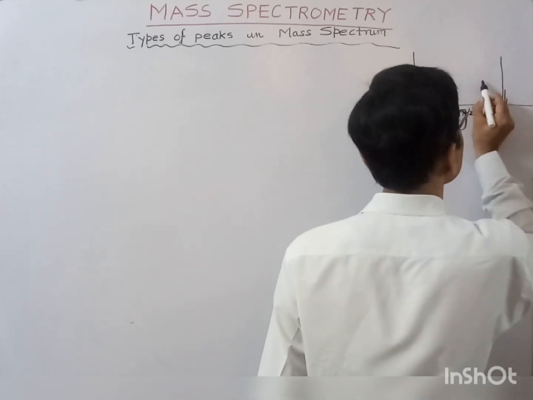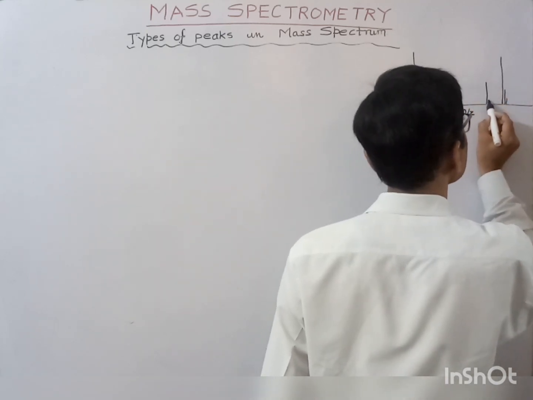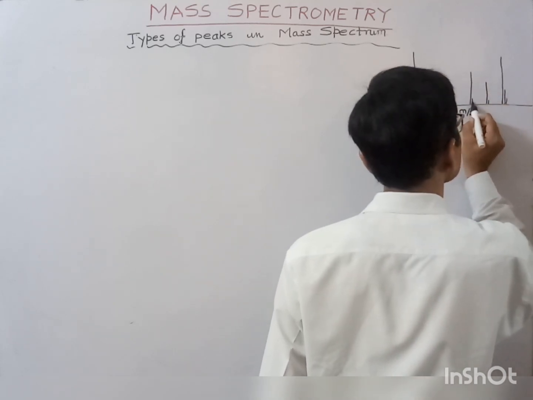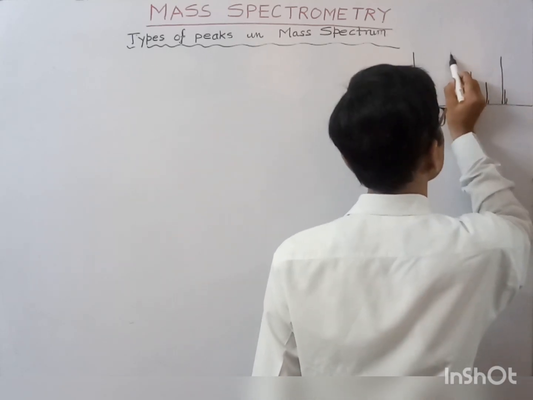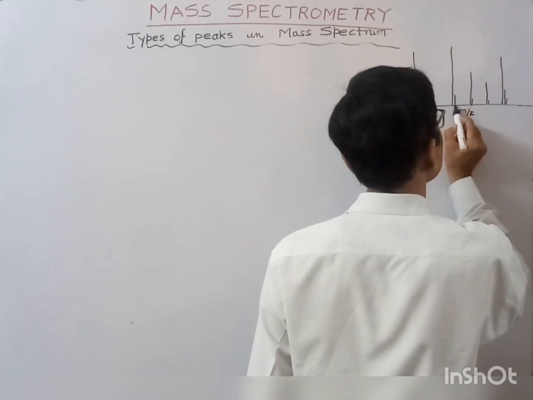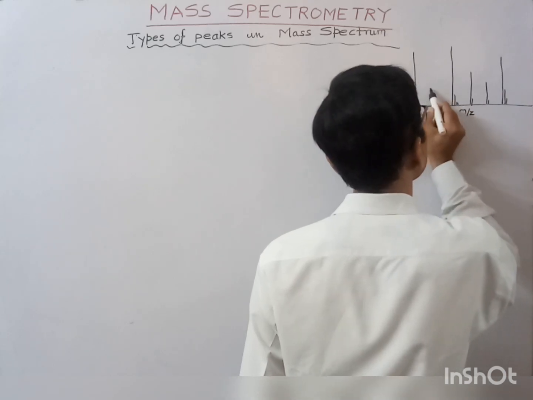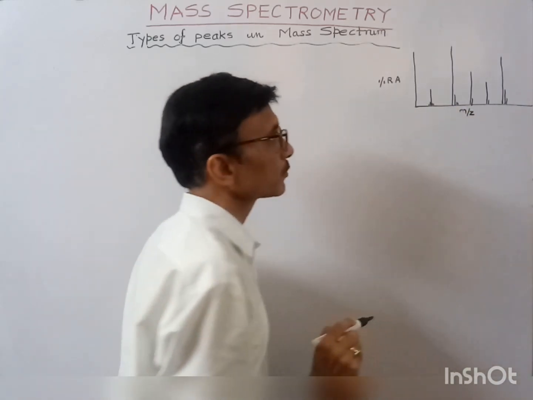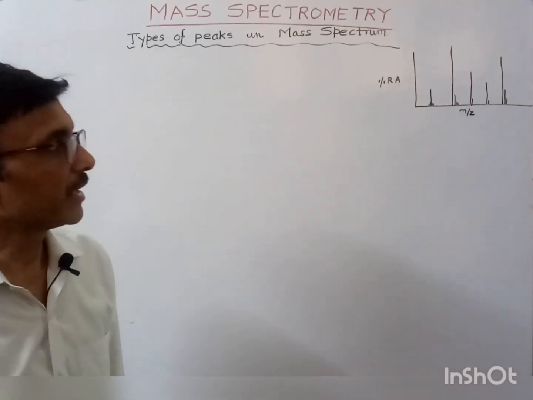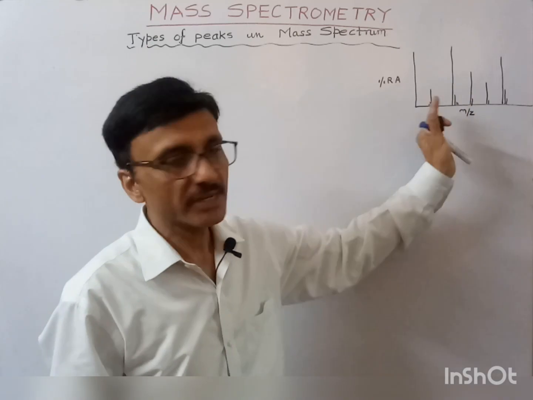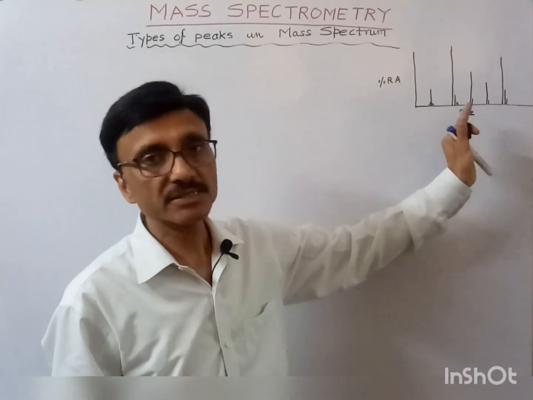These are the various peaks. Suppose this is the mass spectrum. Now in this mass spectrum there are various peaks, and we can categorize them.